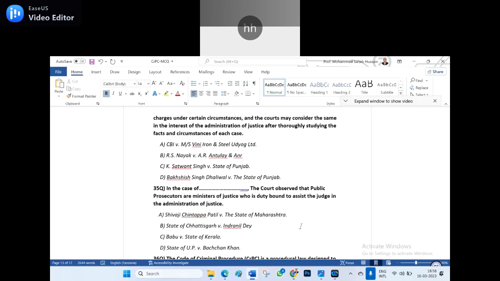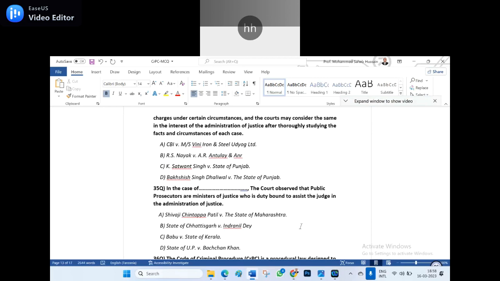C, Babu versus State of Kerala. D, State of UP versus Bachchan Khan. Option A, sir. Wrong. Sir, option B, State of Chandigarh, Indrani Day. Chhattisgarh, you want to say? Wrong.